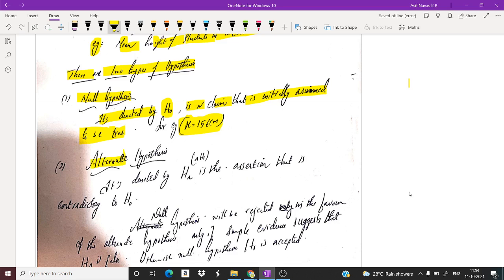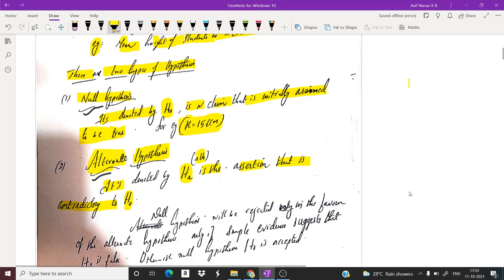And what is the alternative hypothesis? The alternative hypothesis is denoted by HA or H1, the assertion that is contradictory to H naught. So any assertion that is contradicting H naught is called an alternative hypothesis. So we have two types of hypothesis: one is the null hypothesis and the other is the alternative hypothesis.